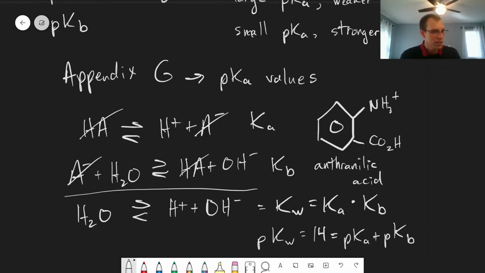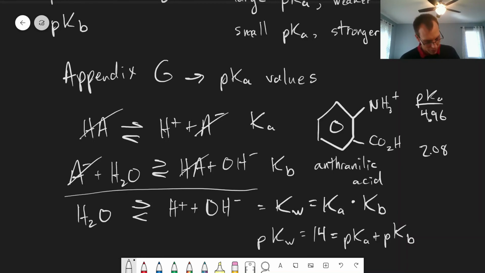Each of these has its own pKa value. The pKa for the carboxylic acid group is 2.08, and for the NH3 group is 4.96. If you go and look it up, you'll see each of these individual values, and it'll specify which hydrogen is being lost for each of these.